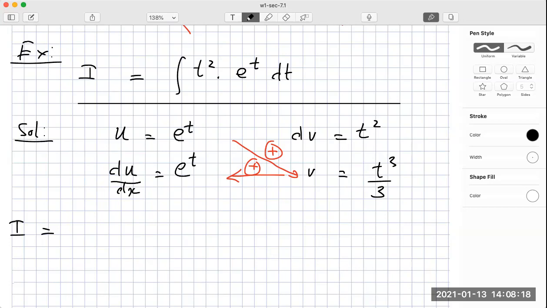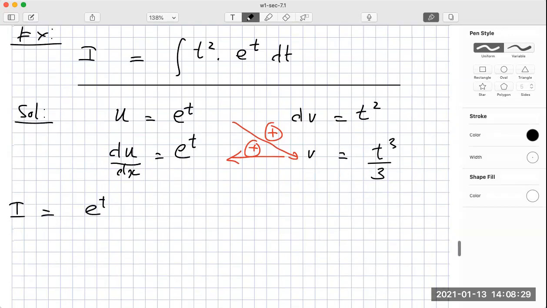We need to take an integral of something with t cubed here, multiplied with this guy. Let us just write it out: e to the t times t cubed over 3, subtract, what is it? Next dx, right? It's even more complicated. So this way does not give us a better solution. So what should we do?